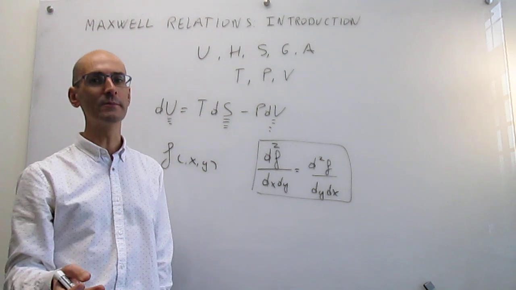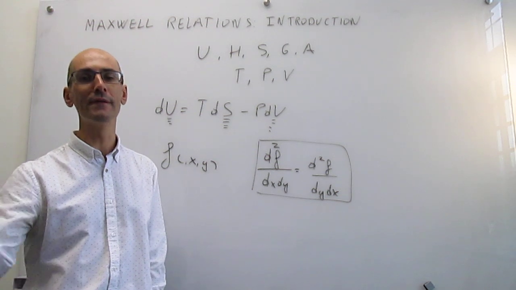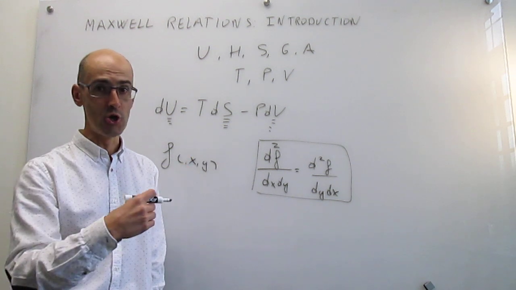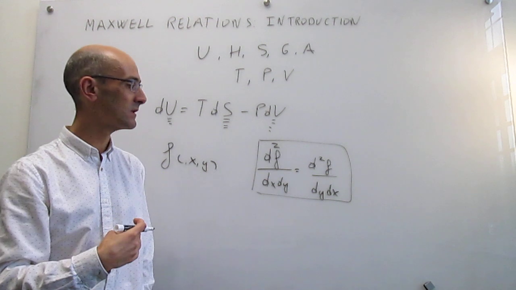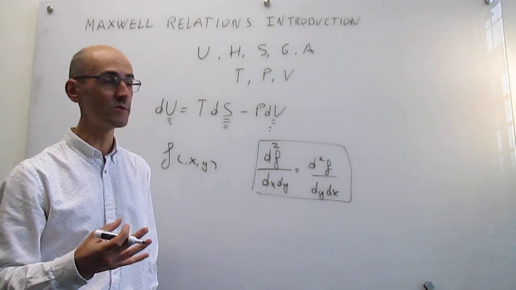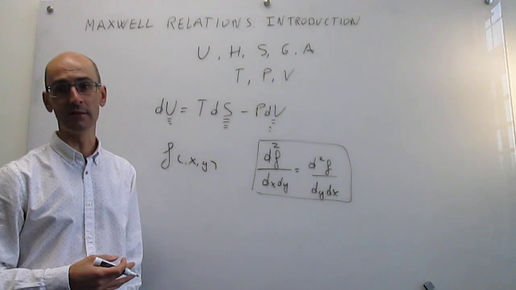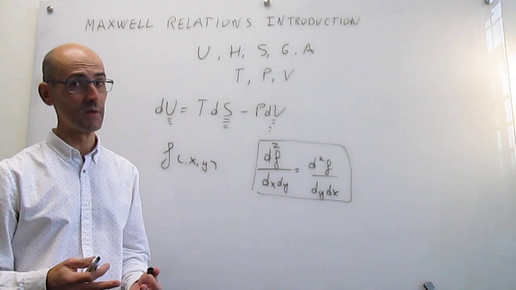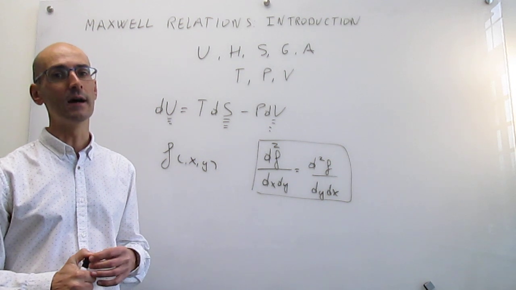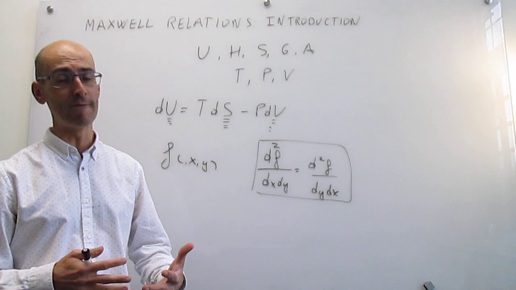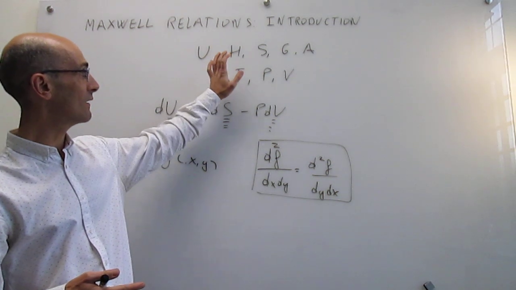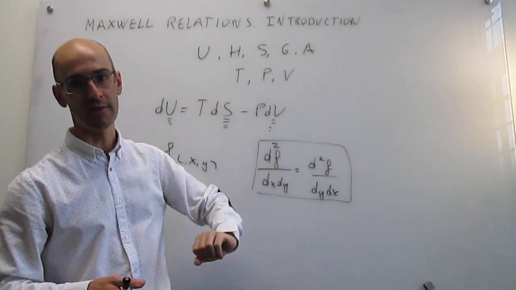So that beautiful property of state functions, that they're path independent, that the only thing that matters is the initial step and the final step, not how you go through between those, is going to allow us to work out these Maxwell relations using the fundamental equations for each thermodynamic variable. Okay, so in the next videos we're going to see those Maxwell relations using the fundamental thermodynamic equations for internal energy, the enthalpy, the Gibbs energy, and the Helmholtz energy.